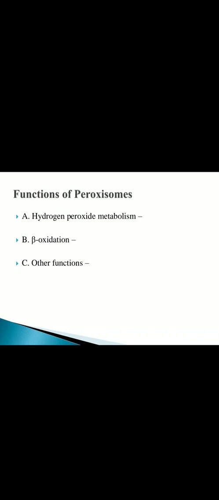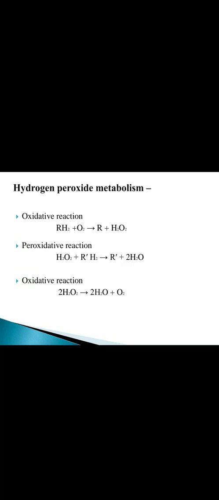Second is the beta oxidation and other functions of the peroxisomes. As we earlier said, these peroxisomes contain many enzymes like D-amino acid oxidase or urate oxidase.